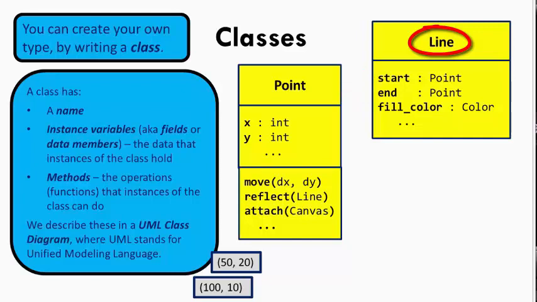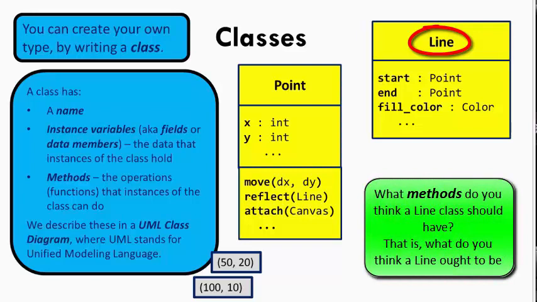The designer of this line class chose to include instance variables for the fill color and other things useful for drawing the line. What methods do you think a line should have? That is, what do you think a line ought to be able to do? Pause for a moment to decide.